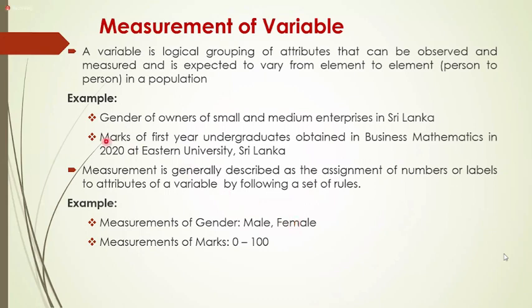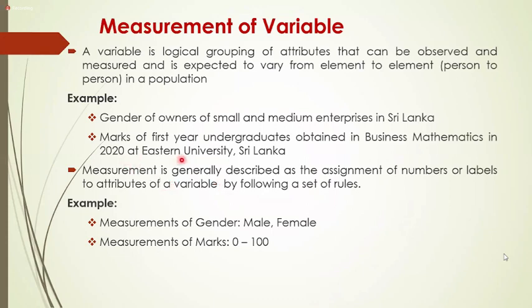Then the second example: marks of first year undergraduates obtained in business mathematics in 2020 at Eastern University, Sri Lanka. So what is our element? The first year undergraduate who sat business mathematics in 2020 at Eastern University.